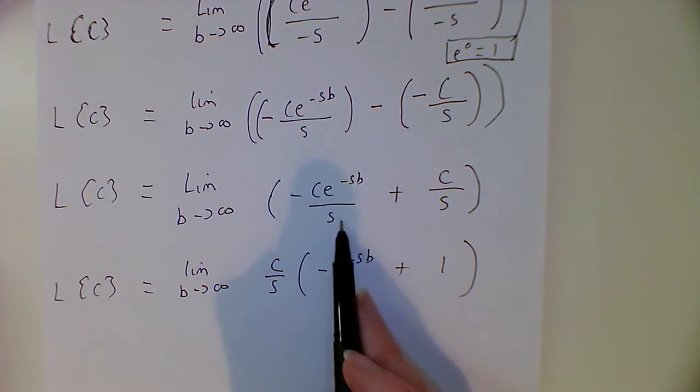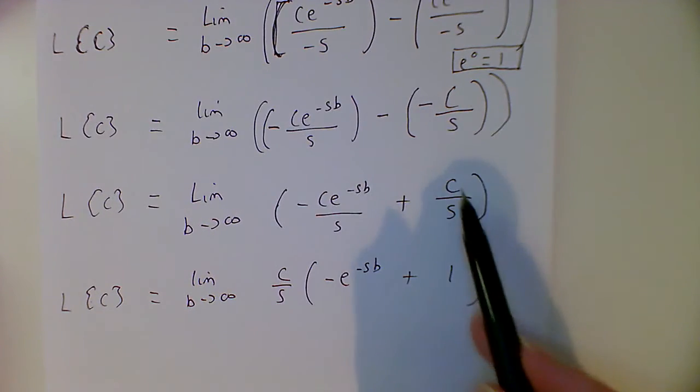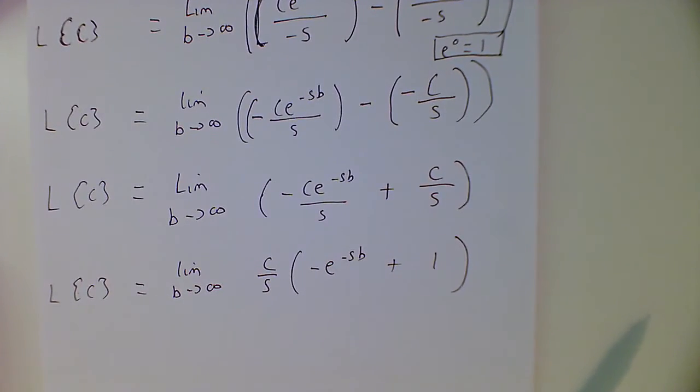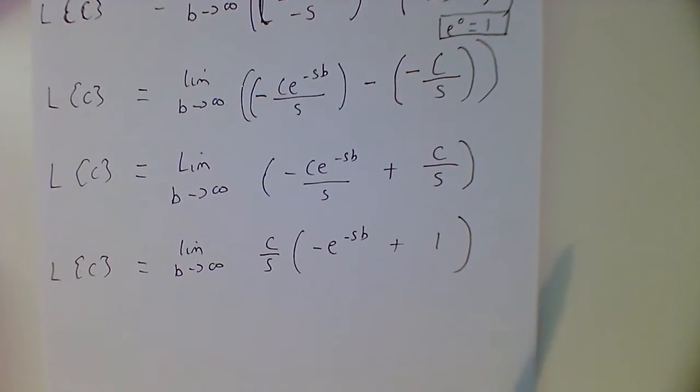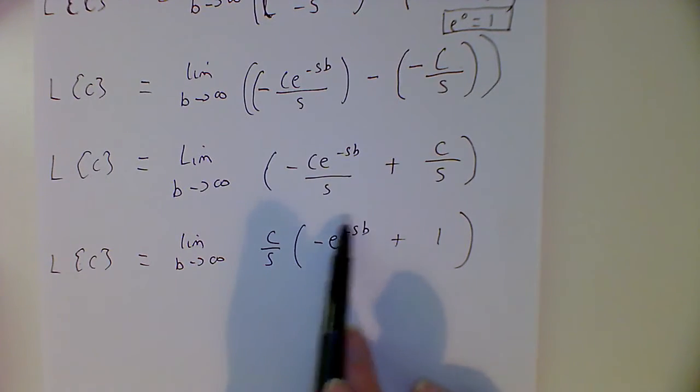Right, because that's got C over S in it, and that's got C over S in it. So that's a common factor. You don't necessarily need to take that out now. So what I was saying is, I need to know what happens to this bit here.